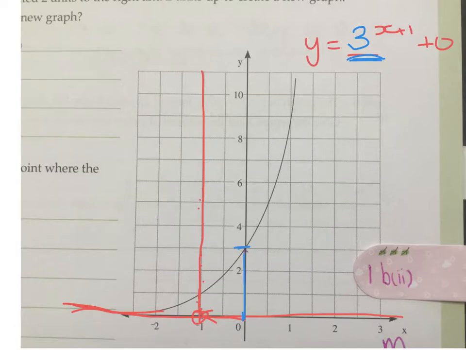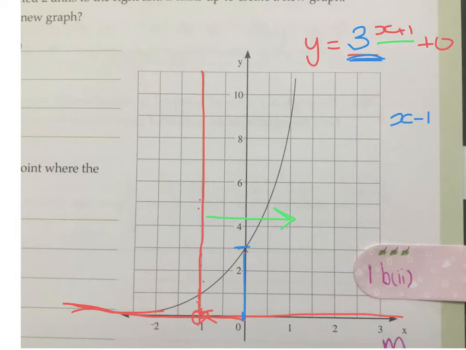Now, if I move this entire graph right by 2 places, so let's do this in green, this entire graph now goes rightwards by 2 units. How does that change the exponent there? It'll be -1 now. That's right, x take away 1. Good. So the exponent will be x minus 1, because now it's 1 to the right of the y-axis.